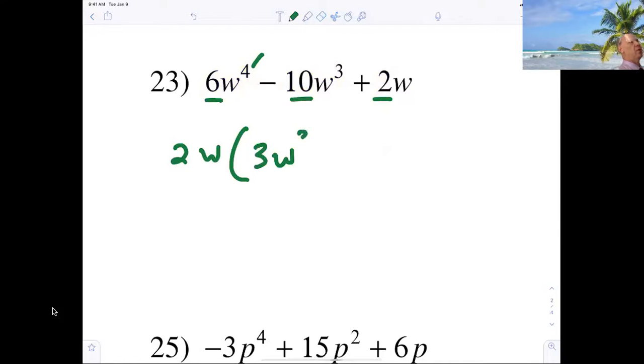Yes. Now say to yourself, dividing numbers, subtracting exponents. Y plus, or minus 5. Okay, good. W to the second, good. And then plus 1 W, or just plus 1. Okay, very good. All right.